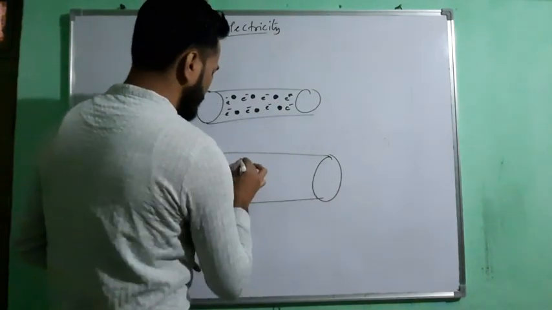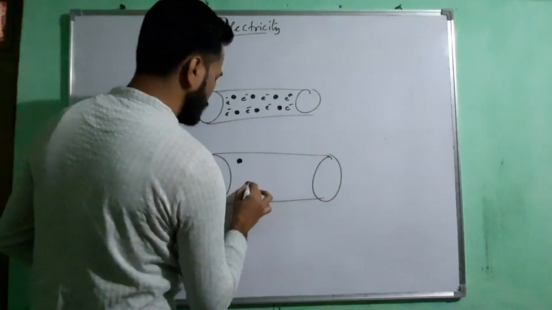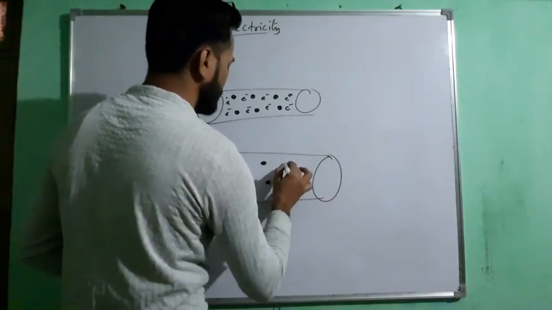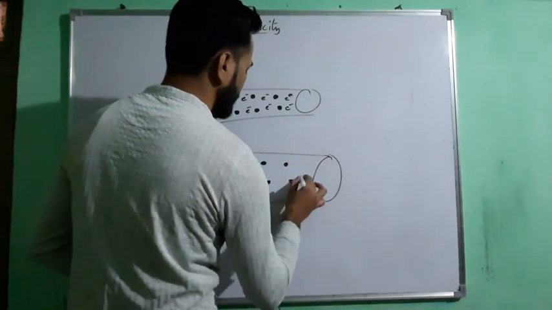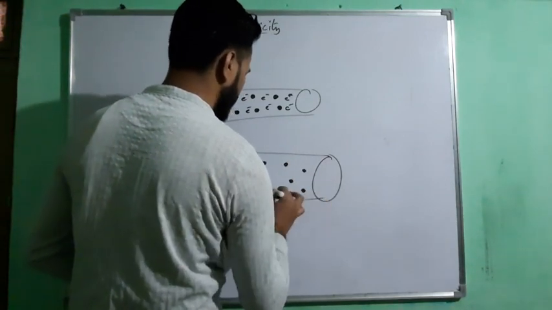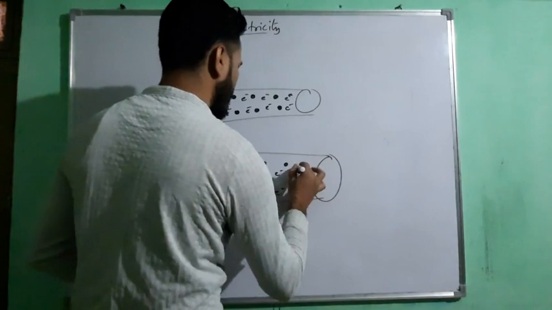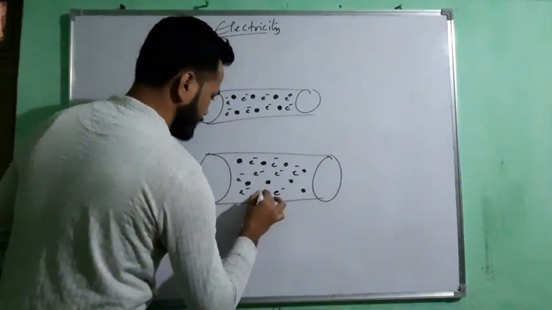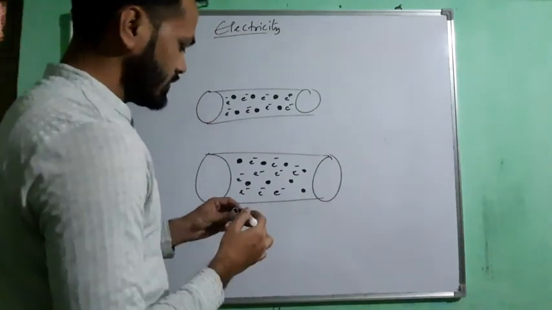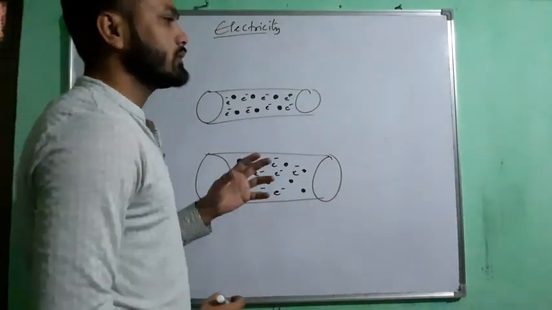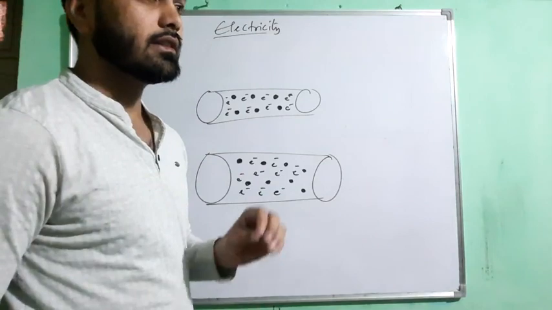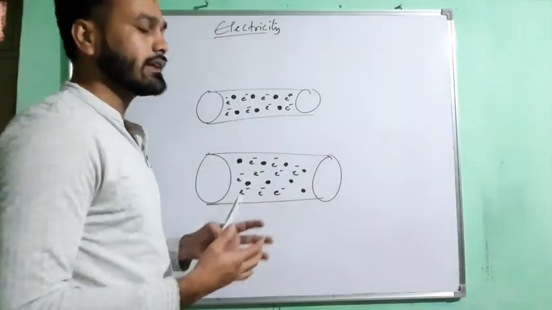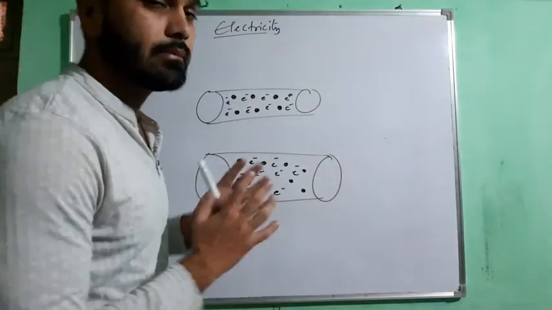You can see I have taken two conductors of different size. The one above is thin, and this one is a little thick in size, and these are the electrons present. We are going to talk about on what factor this resistance depends. So first of all, we will know how exactly the resistance is provided by the material.